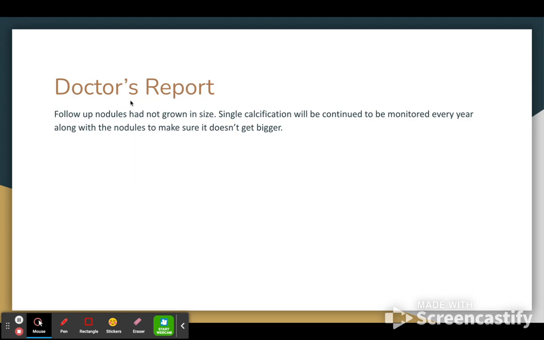And the radiologist read it, and on follow-up the nodules had not grown in size, which is good. And the single calcification will continue to be monitored every year.